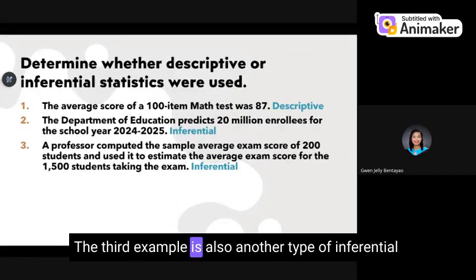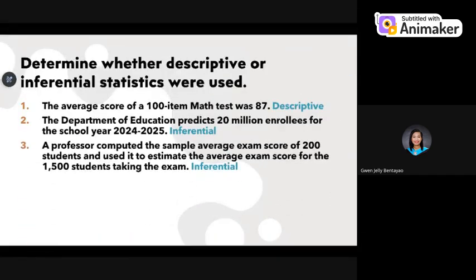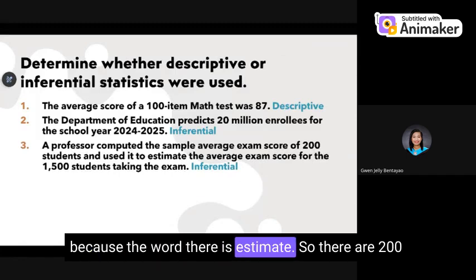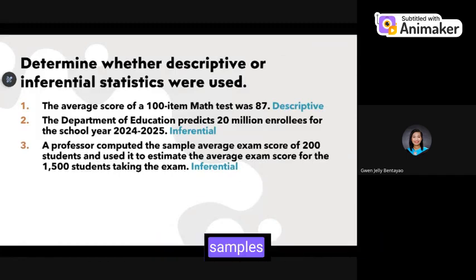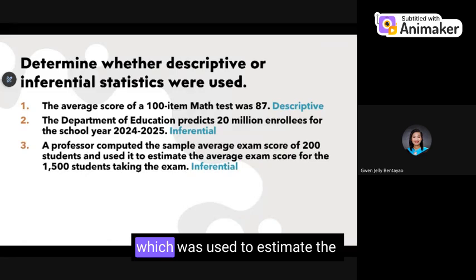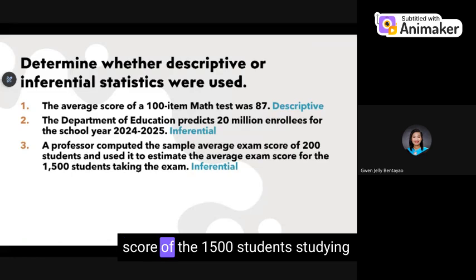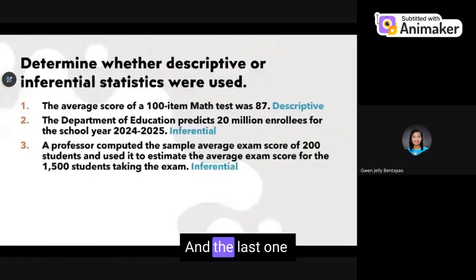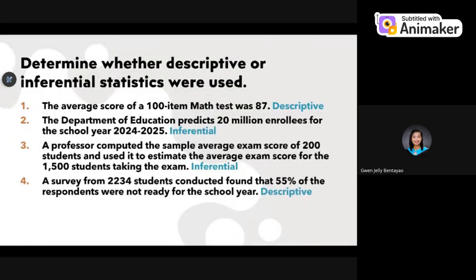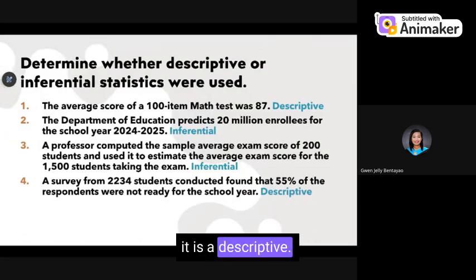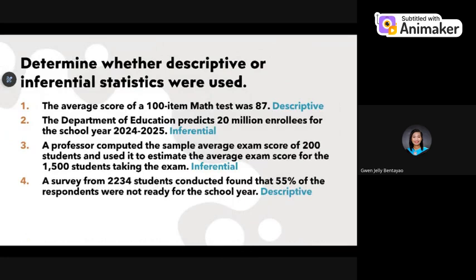The third example is also inferential because the word there is estimate. So there are 200 samples which were used to estimate the score of the 1,500 students taking the exam. And the last one is descriptive.